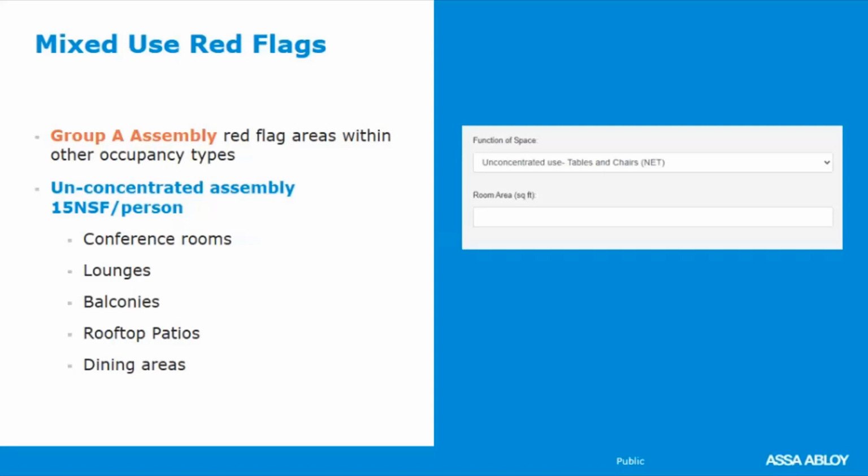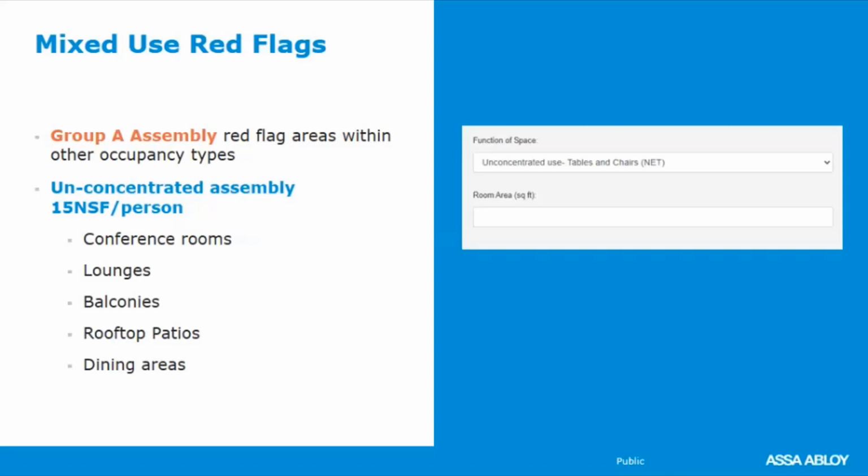So using the unconcentrated assembly at 15 net square foot per person, you would use that for things like conference rooms, just to verify if you are at 50 or more, or if it's less than 50, then it becomes incidental to the business occupancy or whatever type of occupancy that it belongs as part of. Lounges could potentially be Group A assembly.